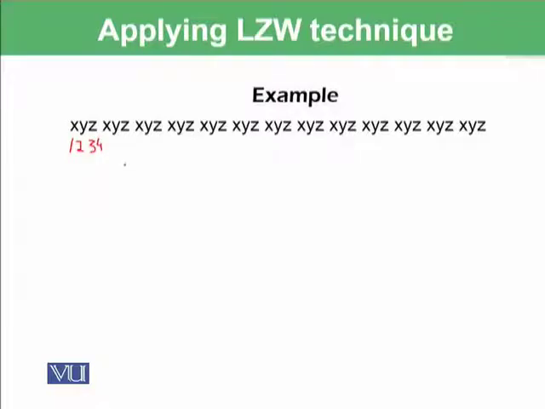As it is adaptive, it will see that XYZ has arrived again, so it will give it one code like 5, and then there is a space which is 4, then 5, then 4. This means you are not going to store 3 codes for XYZ. Instead, you are just storing one code, that is 5, for XYZ. In this way, it is learning adaptively at runtime, and then it is saving a lot of space.